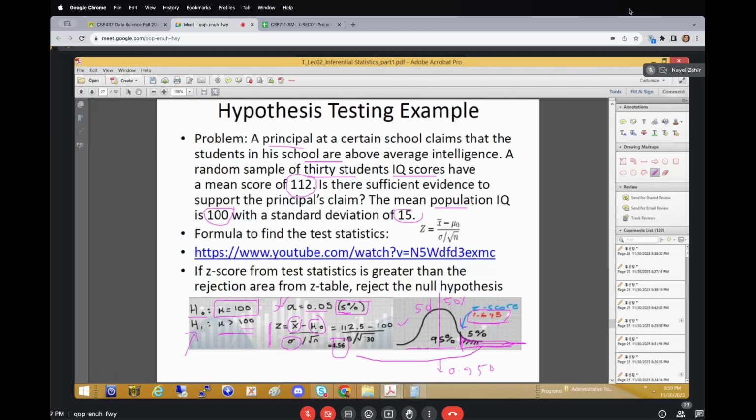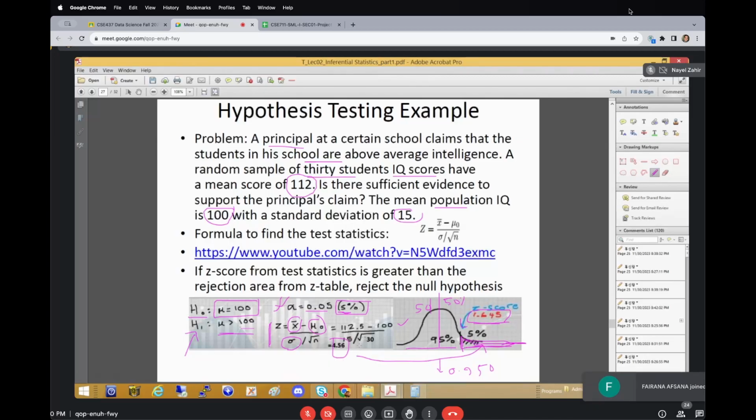It will fall in this region. That means it is greater than 1.645. So the statistic actually falls in the rejection zone. So we have to reject the null hypothesis.